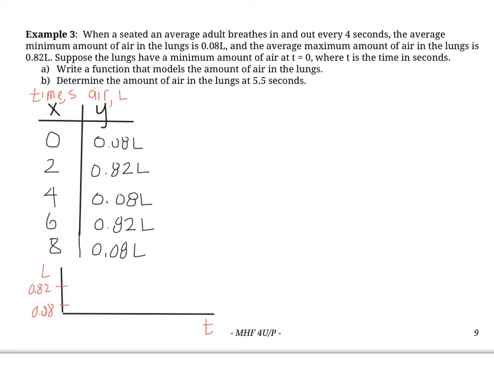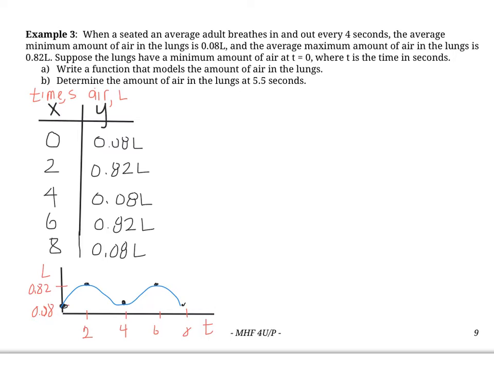So at time 0, we're at 0.08. After 4 seconds, we're back at 0.08, and at 2 seconds, we're at our maximum, and it's going to continue. At 6 seconds, we're at our maximum. At 8 seconds, we're back at our minimum. And if we just connect this, we can represent the situation with the sinusoidal graph, or a sinusoidal equation.